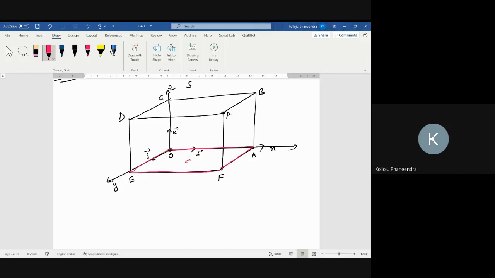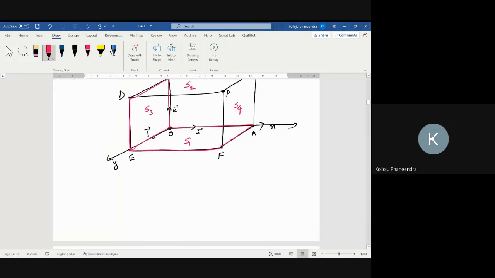I'm taking this one as surface S1, and exactly parallel to that, the top one is S2 surface. Let me consider this side surface as S3 surface, and its parallel surface is S4. One more important, the front and the back.